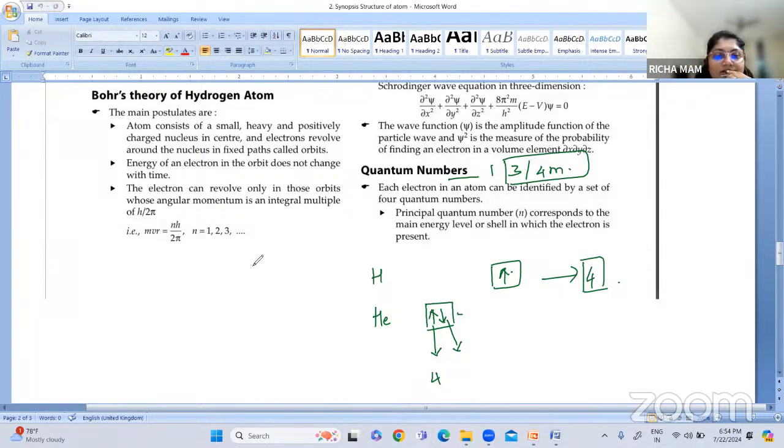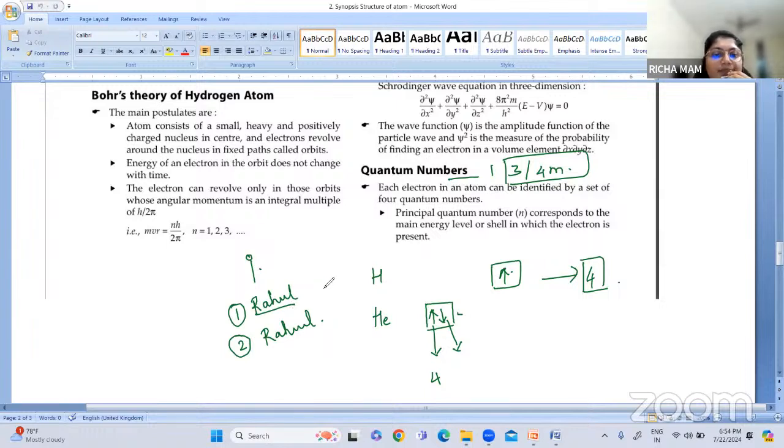Suppose there is a student. How is he represented? He is represented first by his name. Suppose another person has the same name, say both students are named Rahul. Now how are you going to identify the next one? By his surname.